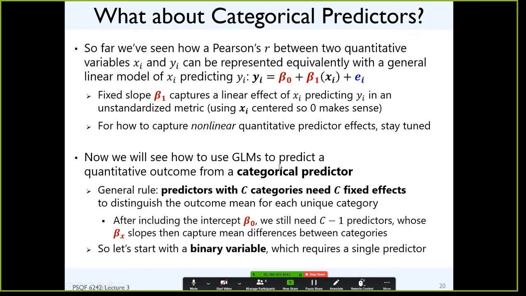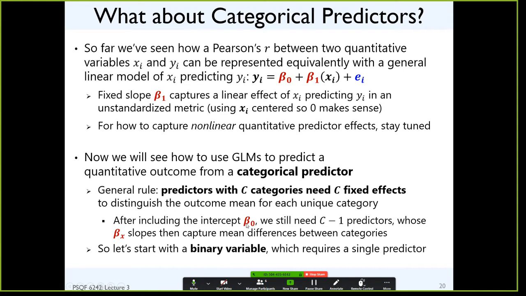For categorical predictors, the same thing applies, where we have, in this one case, a binary variable. So somebody's got to be the 0 and somebody's got to be the 1. In general, we'll see this more next time. If we have a categorical predictor with big C categories, that means we need big C fixed effects to be able to distinguish all the different categories.